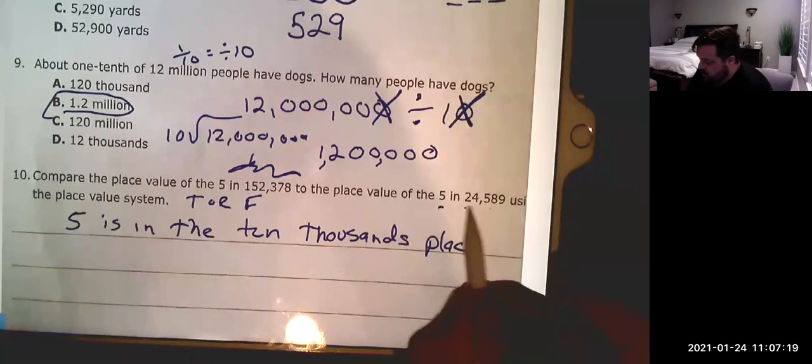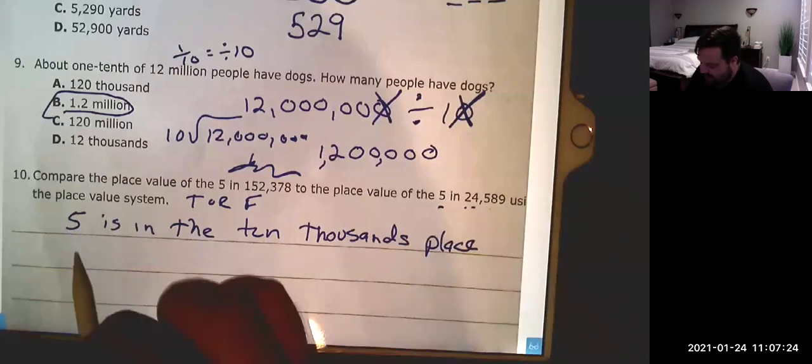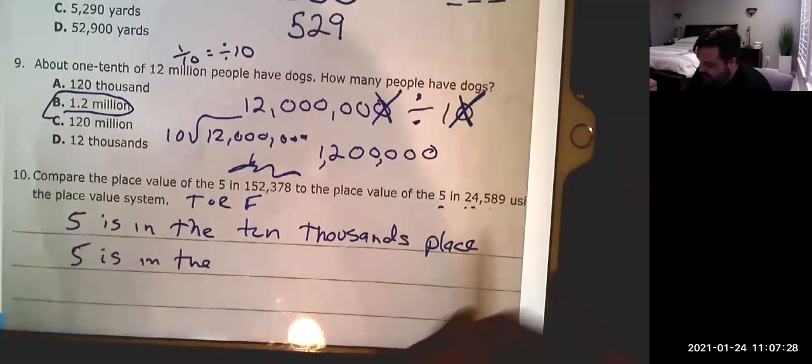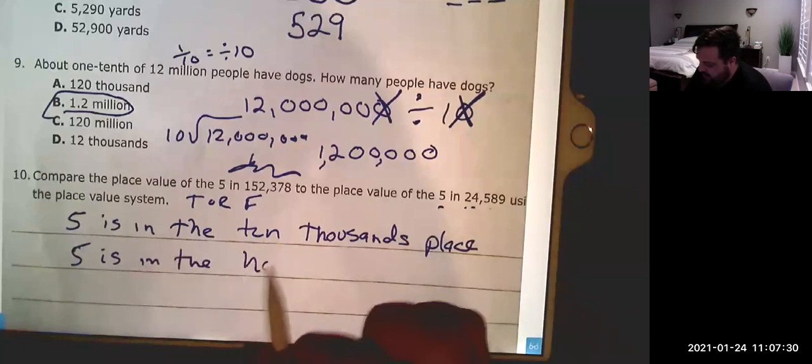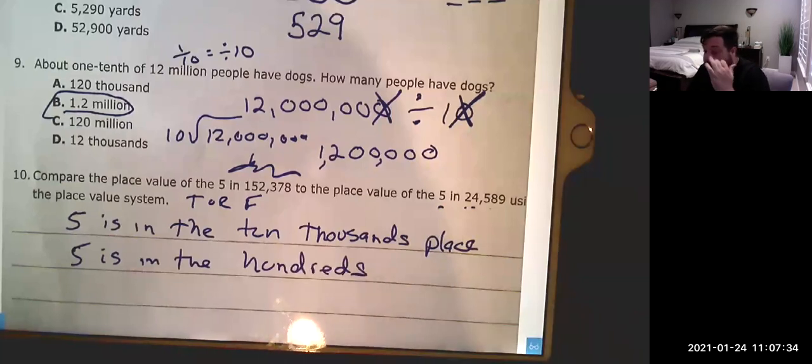The 5 in 24,589, I just said it out loud, the 5 is in the hundreds place, right? Hundreds place. So if we take a look at that, here is the 10,000s place, and one is in the hundreds place, right?